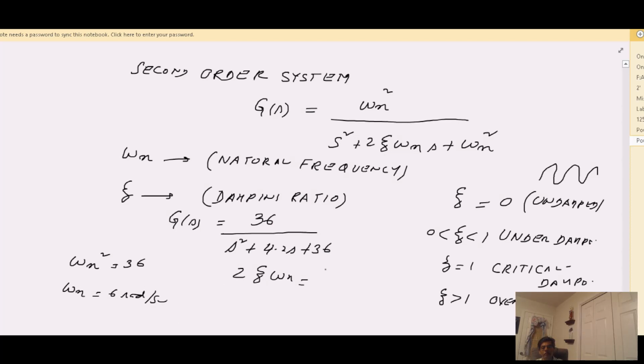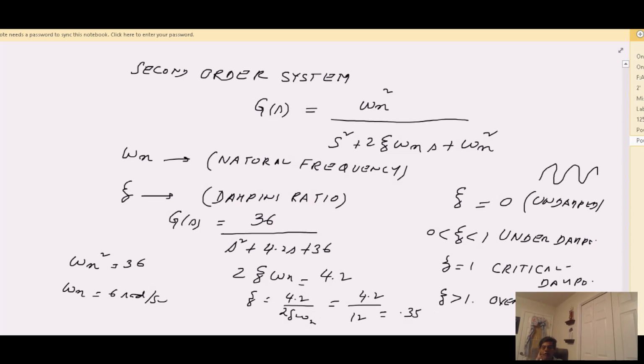This is equal to 4.2. So we are looking for zeta. This will be 4.2 divided by 2 omega n, and we already know this is 6, so it is going to be 4.2 divided by 12. And if you do the math, the damping ratio comes out to be 0.35.